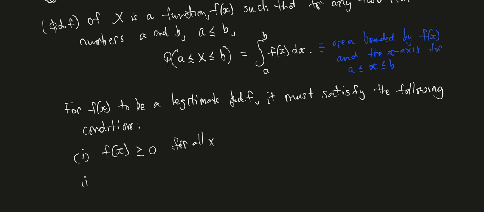And the other property is, well, think about what we had said. One of the things we always have to check to see if something is a valid PDF is that when we summed up all those probabilities, they had to be equal to 1. So that total probability had to be 1 then, it has to be 1 now. What would that mean? Well, we're using area to represent probability.